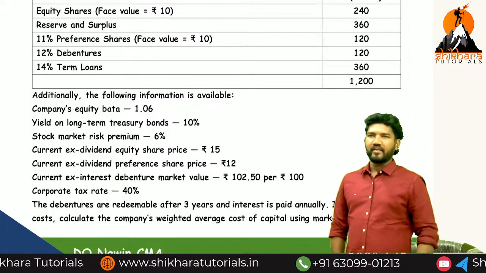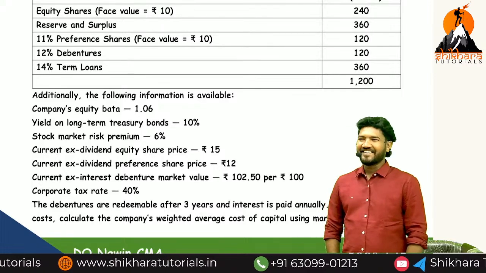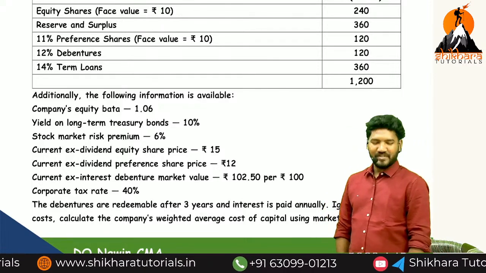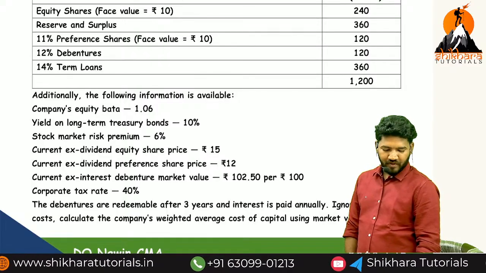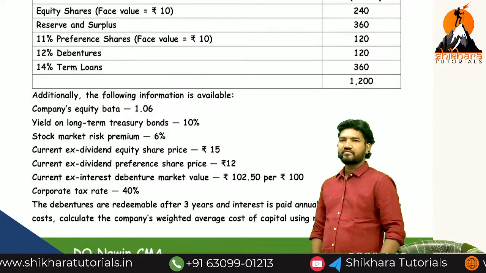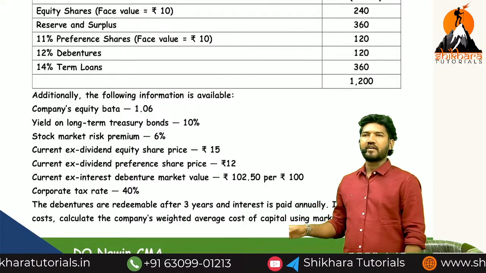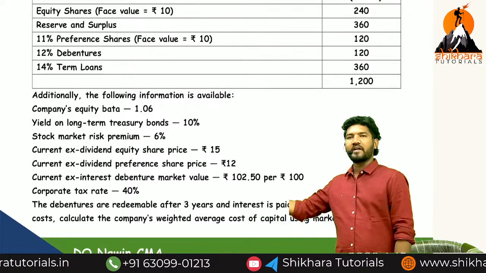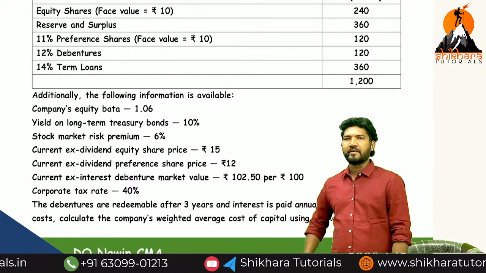You will die. Sir, clear, sir? RM minus RF equals, I can say easily, 1.06 into 0.06 plus 0.1. KE completed, because the difference RM minus RF is 6%. You have to multiply with beta plus RF. KE completed as per CAPM.